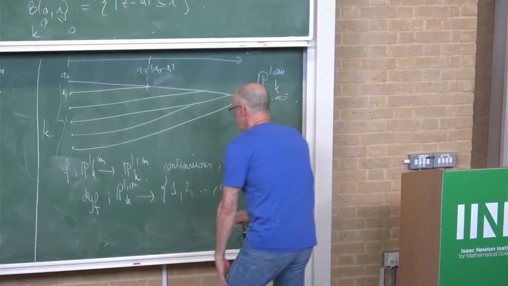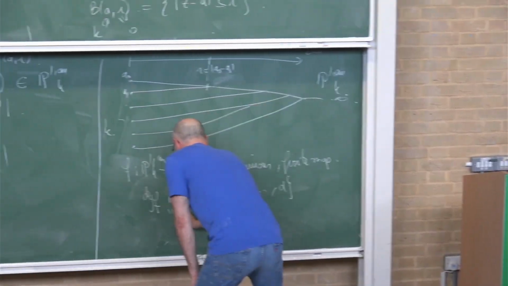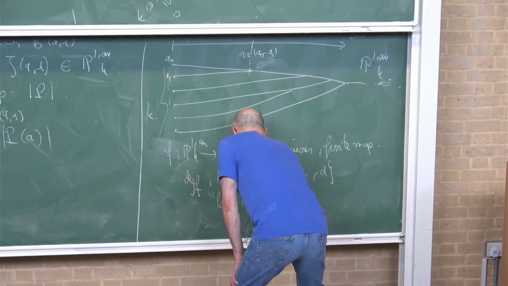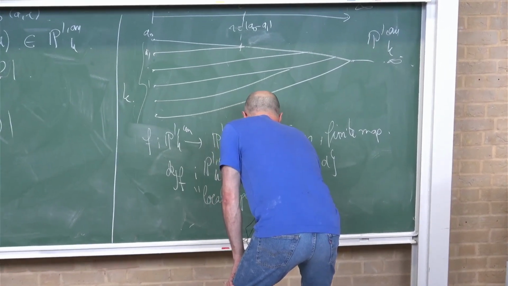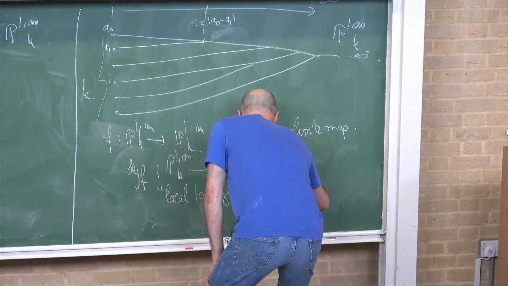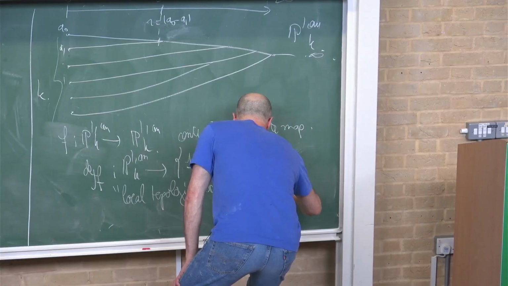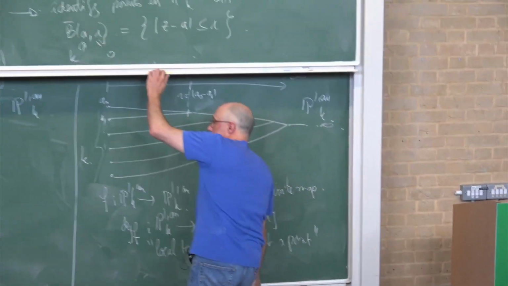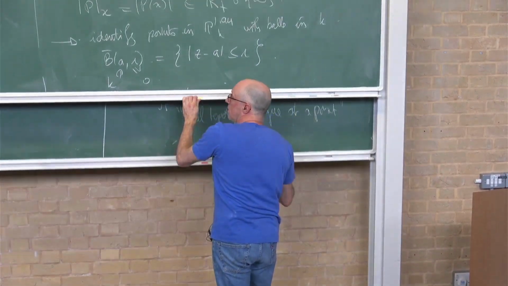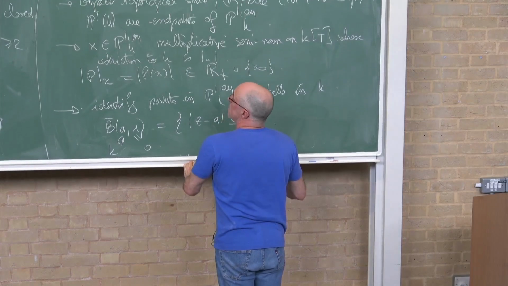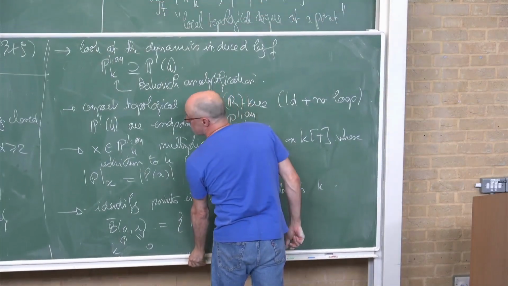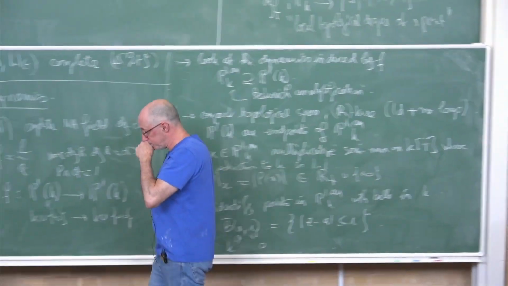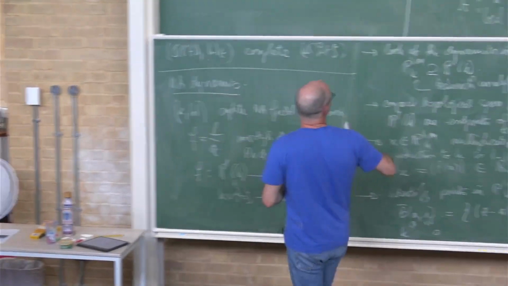So it's a local topological degree at a point. And you have the nice formula that if you sum the local topological degree over the preimage of a point, you always get the same integer d.